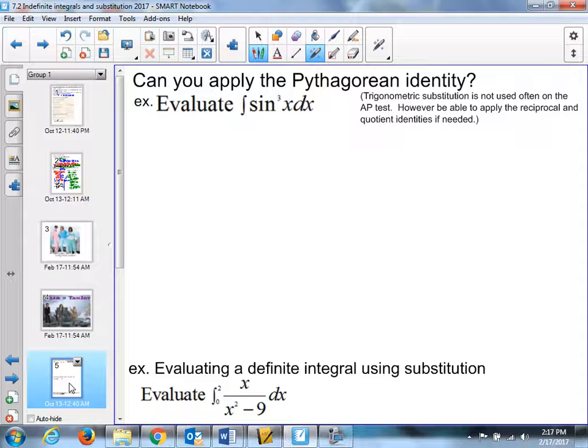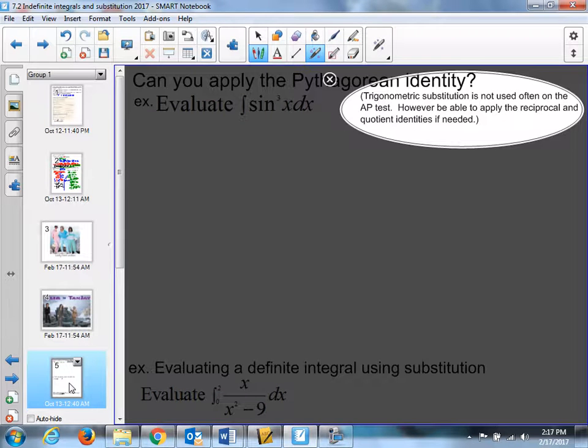Anyways, I'm going to skip this one right now, and there's a reason why. Trigonometric substitution is a type of substitution. But as far as I know, and we were safe last year, it's not used often on the AP test, and I think you can get around not using it at all.